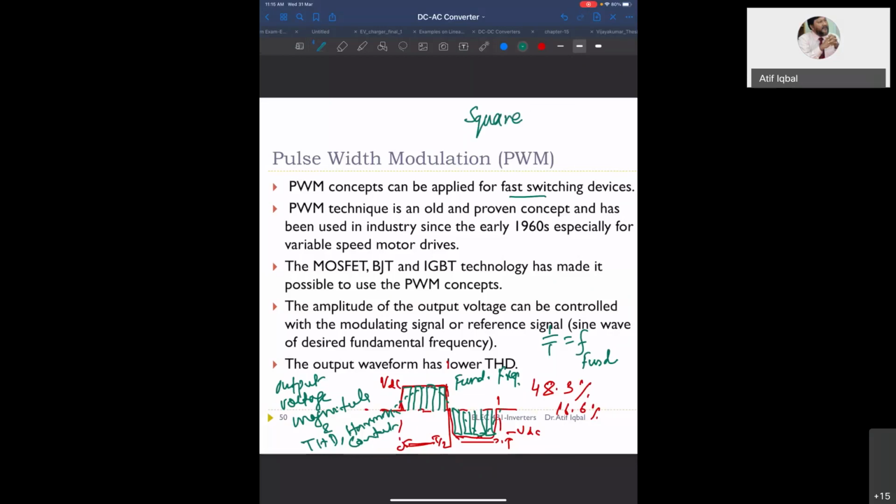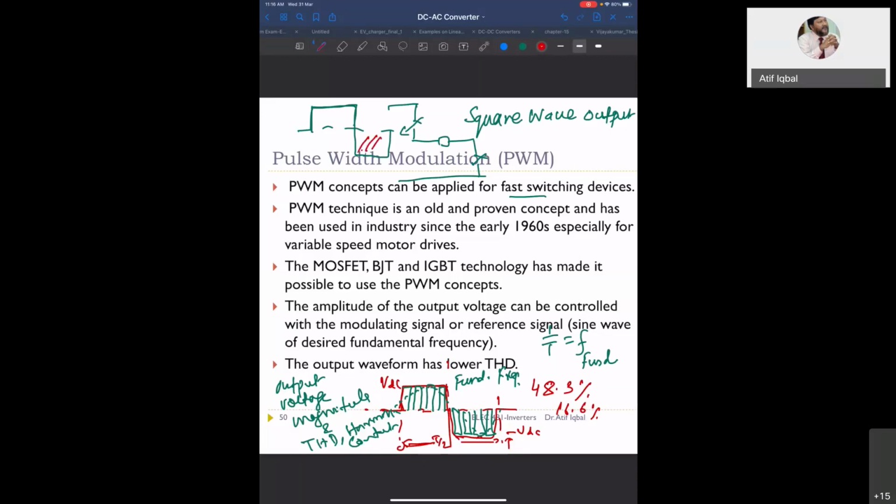For a square wave output, in the positive half cycle you have plus VDC, then in the negative half cycle you have minus VDC. What does this mean? For the entire positive half duration, switch number 1 and switch number 2 were kept on for half the period.